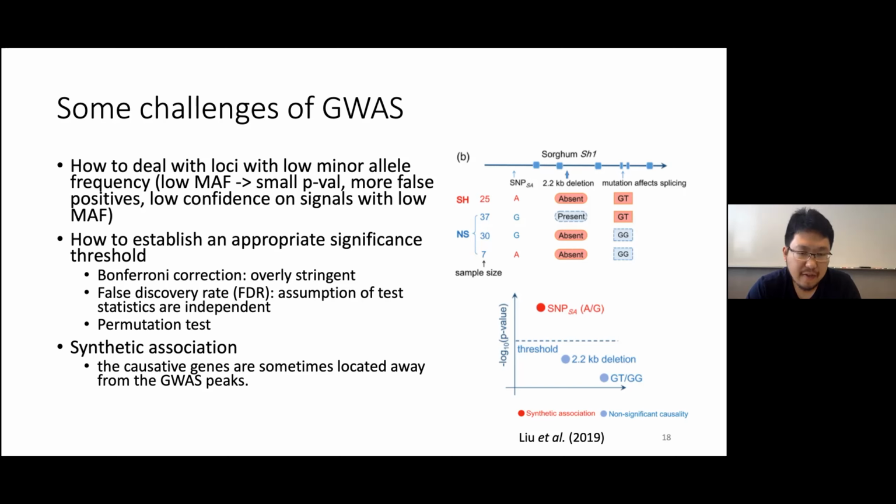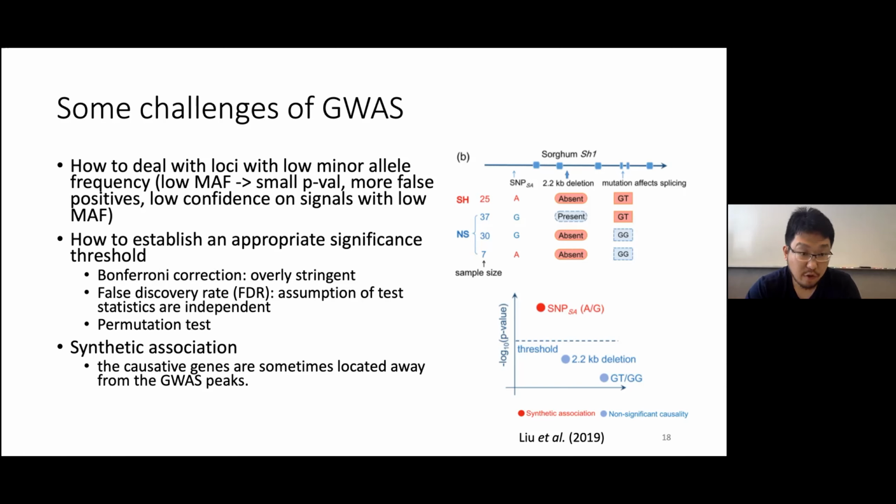This is less stringent, but it's also under the assumption that all the markers are independent, which is often not the case in genome-wide association study because of the phenomenon of LD. And last, you can do a permutation test to establish the threshold, like the popular methods in QTL mapping. But this is very computationally intensive. We will go through Bonferroni correction and false discovery rate in later slides.